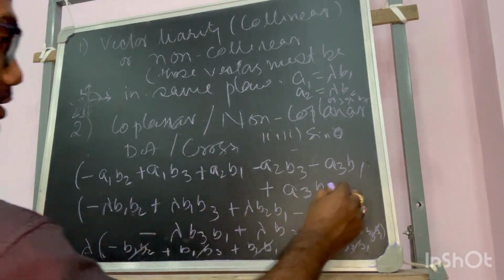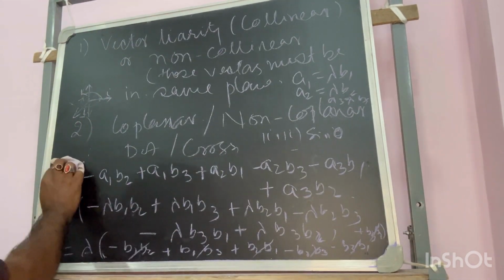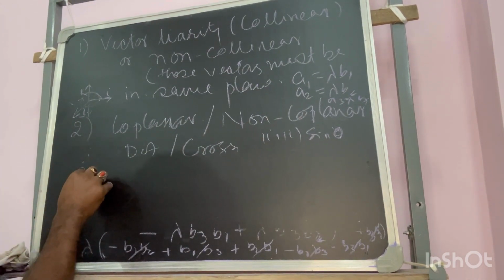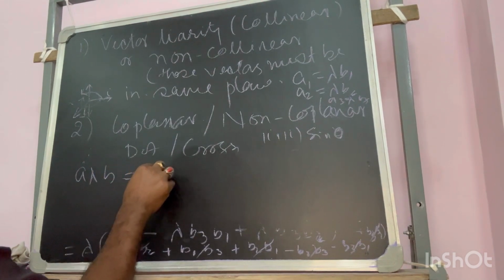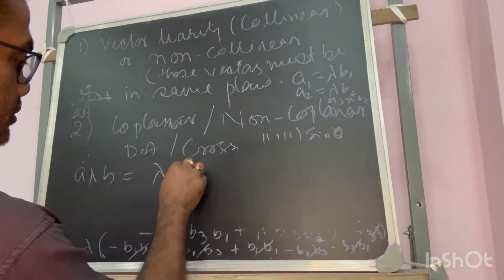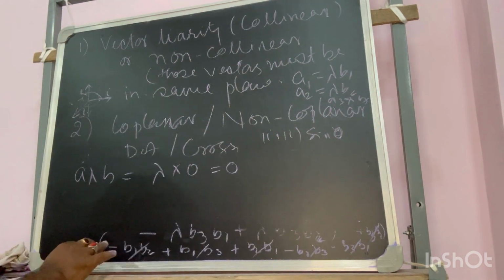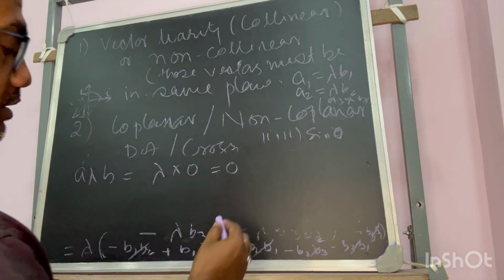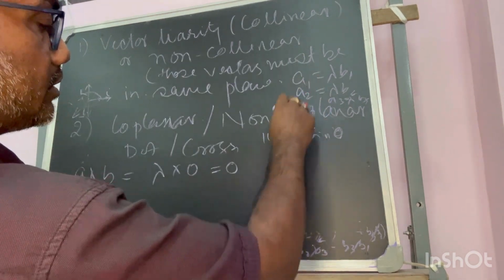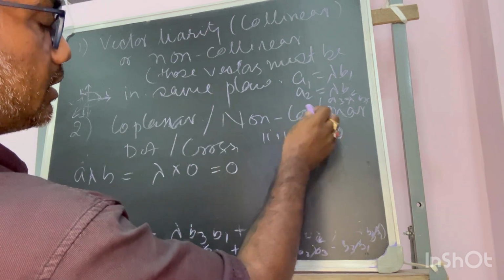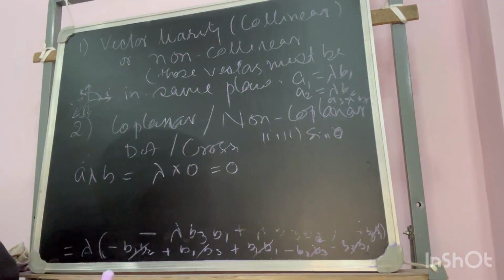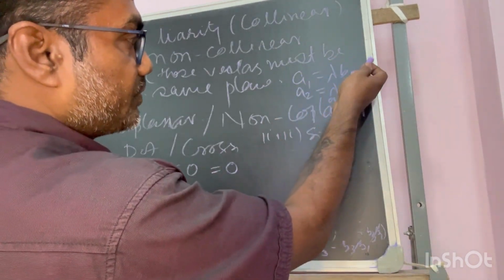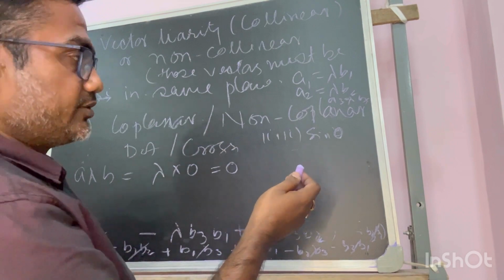So ultimately, the cross multiplication that I did, A cross B, is equal to lambda into 0, that means it's 0. That can be proved by the second part of collinearity, where I said that if two vectors are related in such a way that one vector is a scalar multiple of the other, then each element has to be the same.